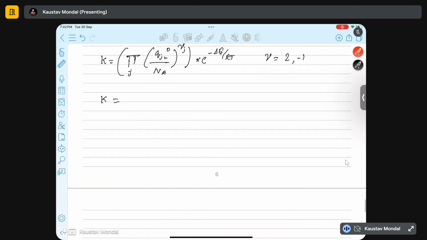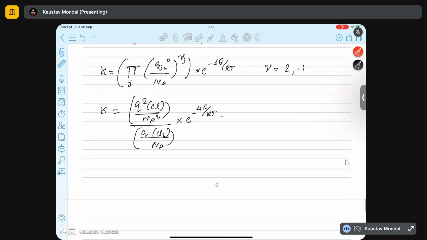So K would be simply Q squared Cl by N squared, divided by Q Cl2 by Na, times e to the power of delta E by RT, equal to Q squared Cl by Q Cl2. One Na will be cancelled, times e to the power delta E by RT. This is the equilibrium constant K.